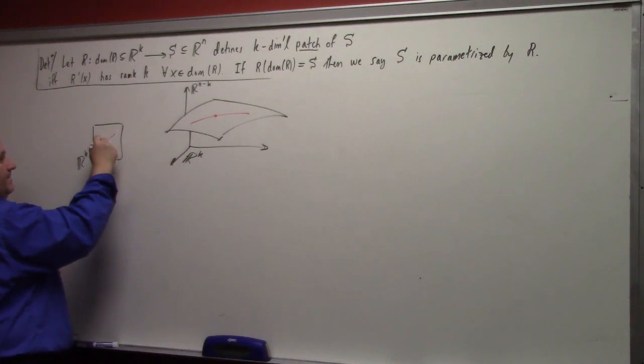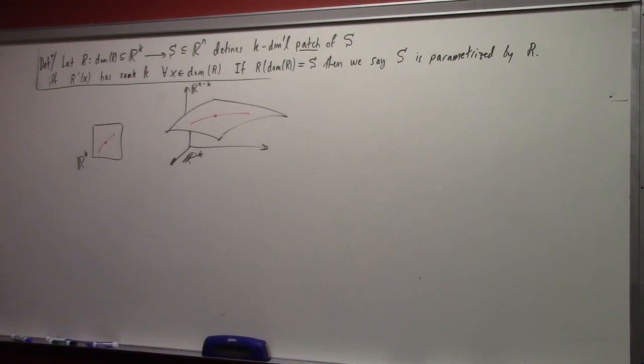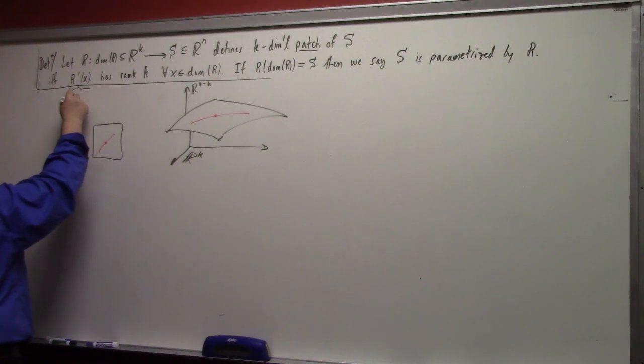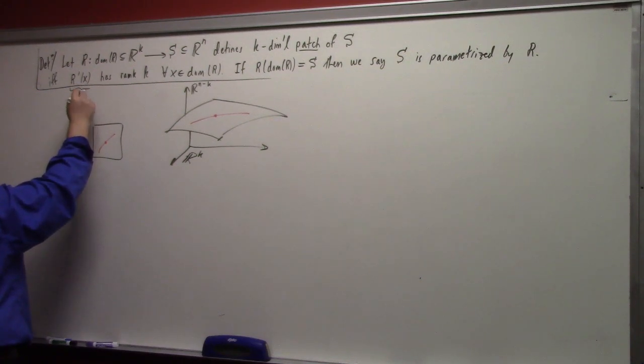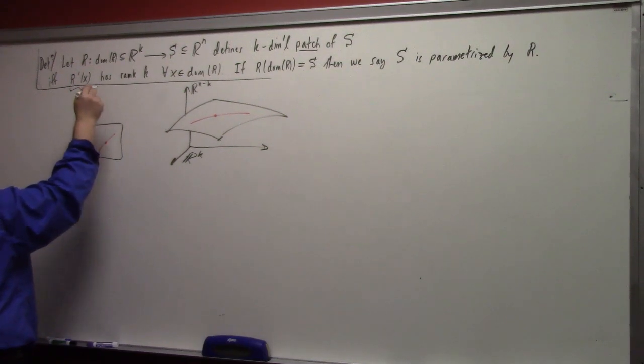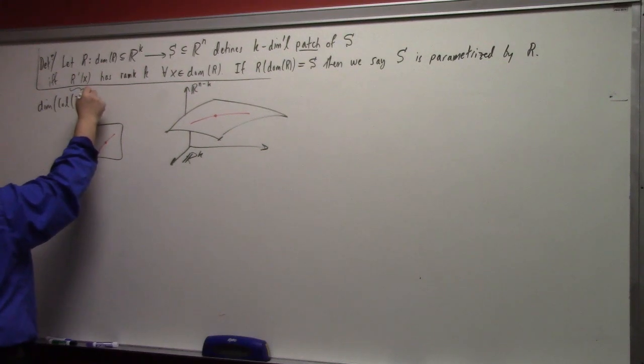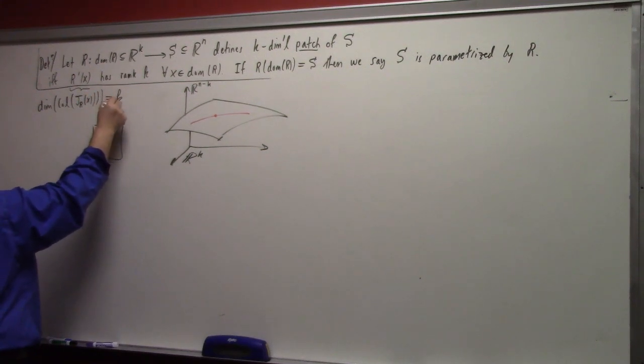Can you remind me what R prime of X has rank k means? Oh, sure. Yeah, we can do that. So here, keep in mind that this is my other notation for the Jacobian of R at the point X. And the rank is the dimension of the column space, equal to k.